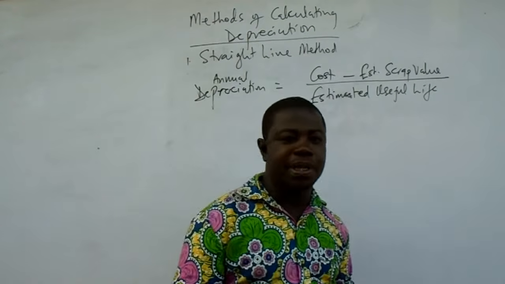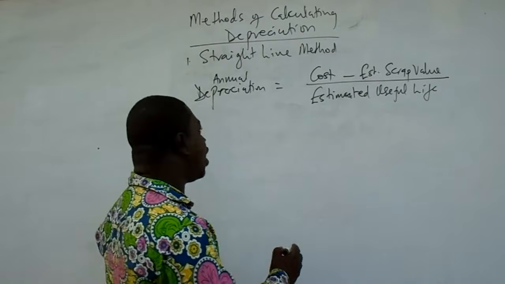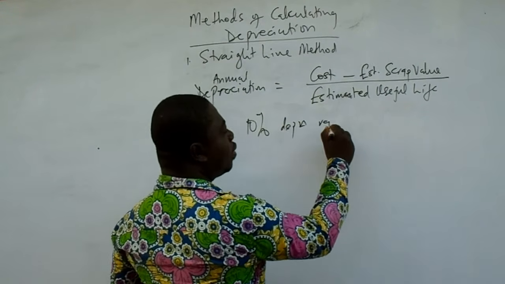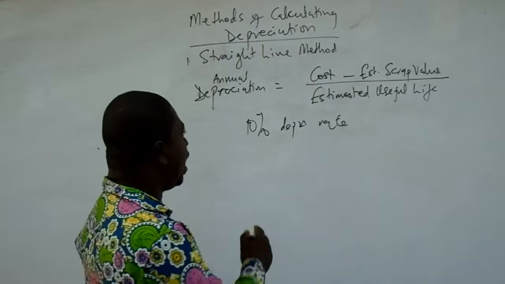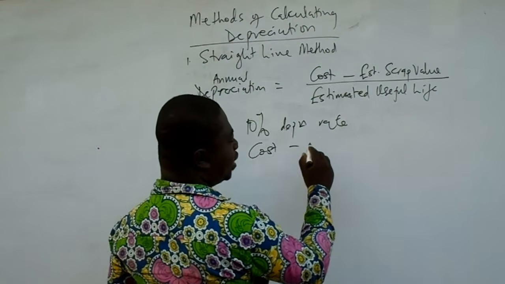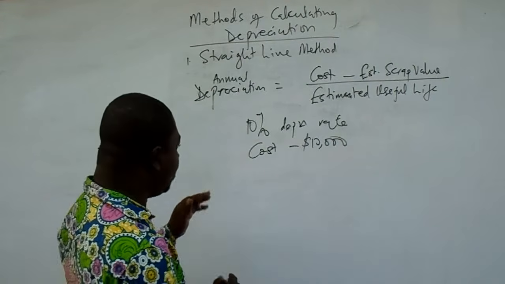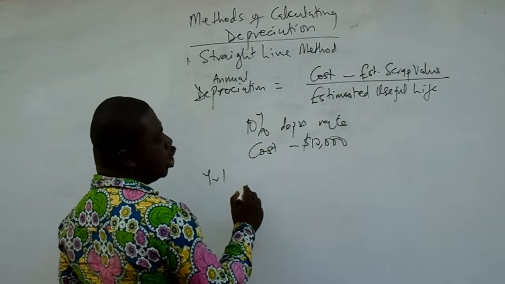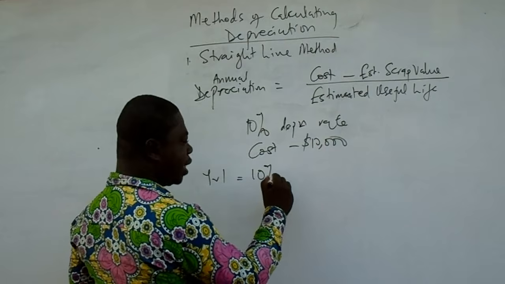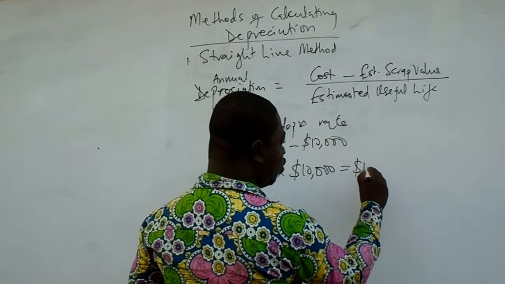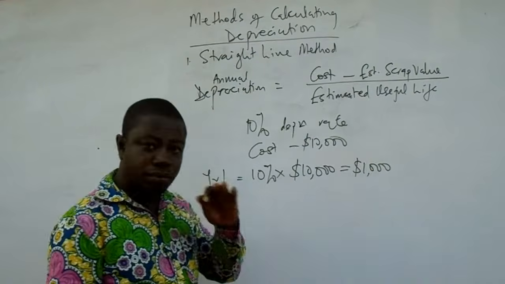Now, if you are going by percentages, then it means that if you are giving 10% as the depreciation rate under the straight line method, and the cost of the asset is, let's say, $10,000, then for every year, in the first year, your depreciation charge will be your 10% multiplied by $10,000, which is going to give you $1,000.